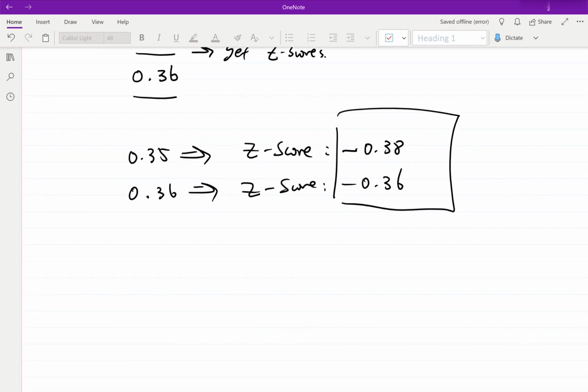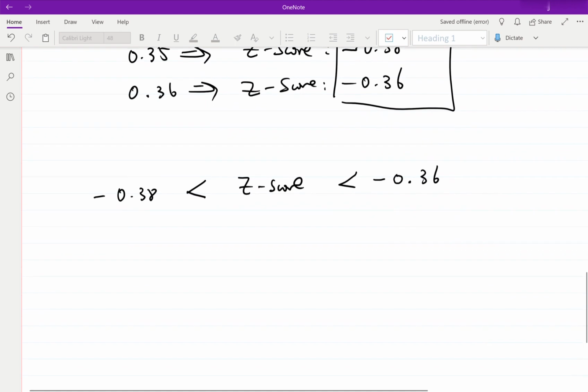So we know the Z score should be greater than negative 0.38 and less than negative 0.36. Okay, so we have the range for the Z score.